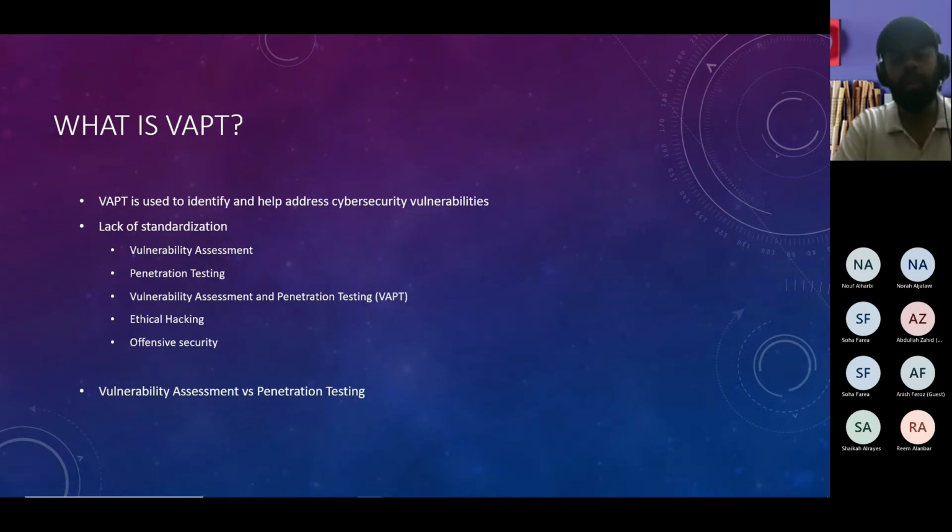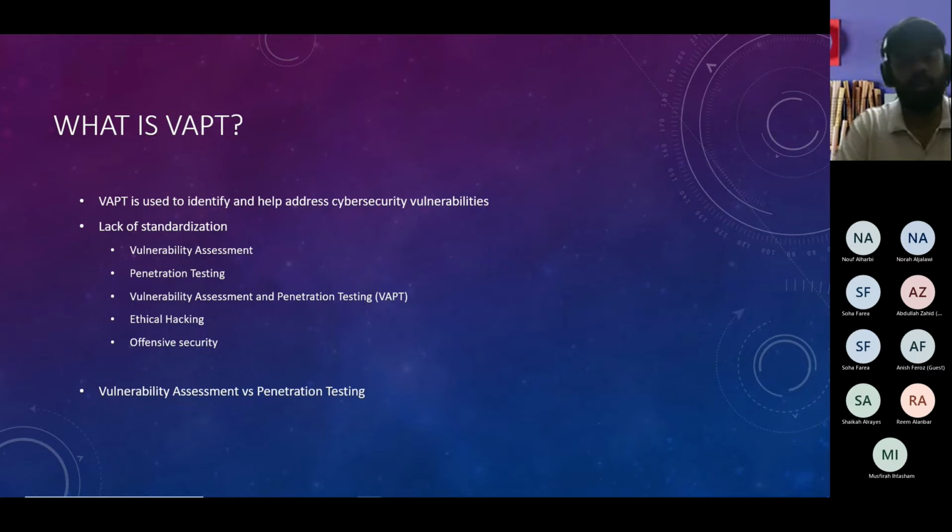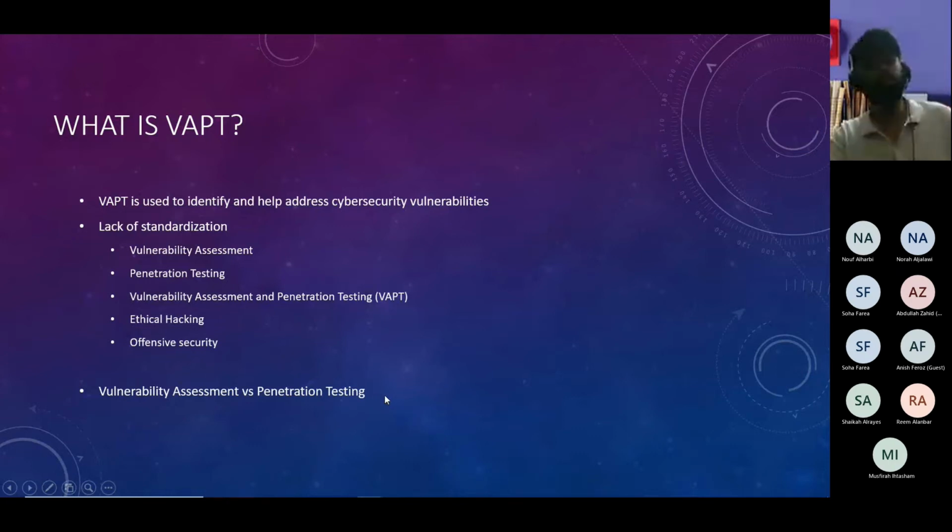Secondly, at the end you see vulnerability assessment versus penetration testing. I have written that explicitly because there is a small difference between the two, and I want to clarify this concept. Let's pick an example. You are a business bank owner and you have a website.